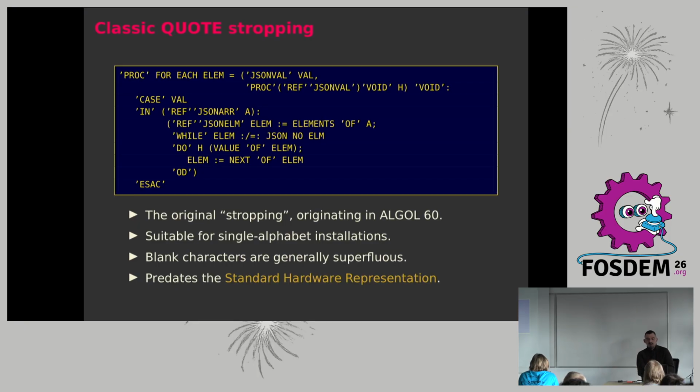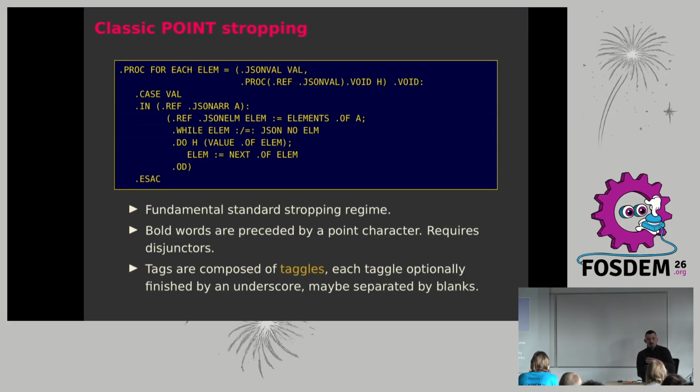This comes back to the times where you only had one alphabet in your computer and it was usually uppercase. And it happens that the Algol68 syntax distinguishes between bold words and normal words, and bold letters and normal letters. But then there were different bold stroppings. Stropping is this technique to distinguish between what is a bold word and what is not.